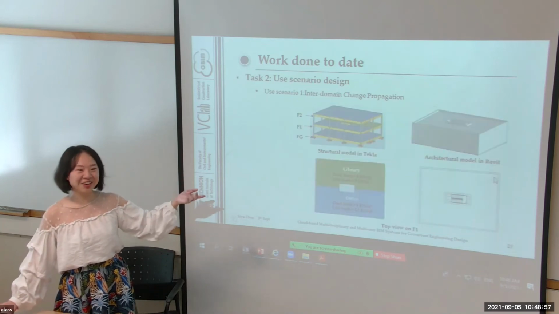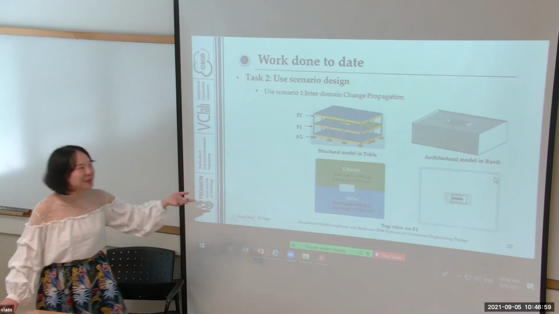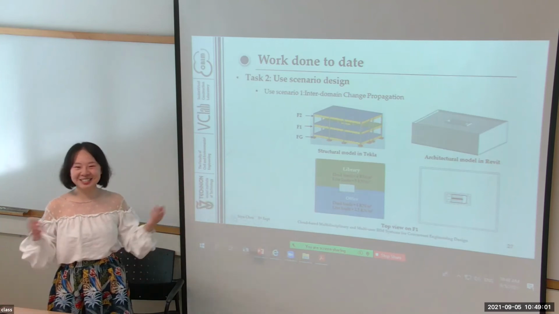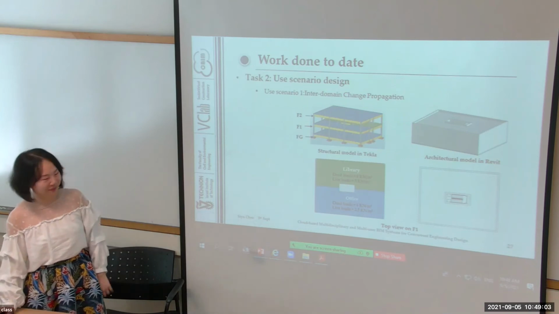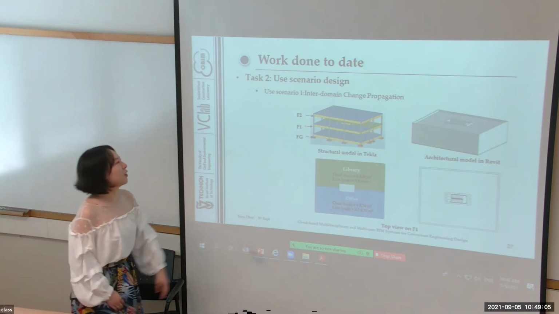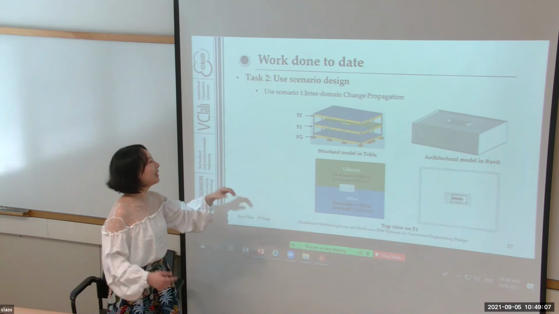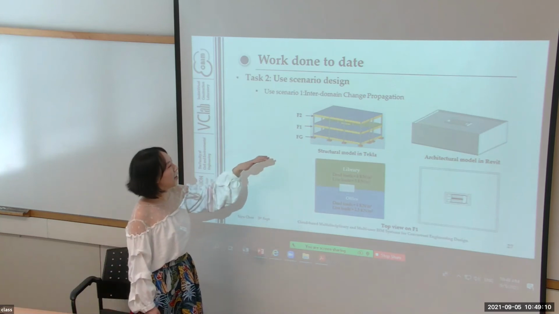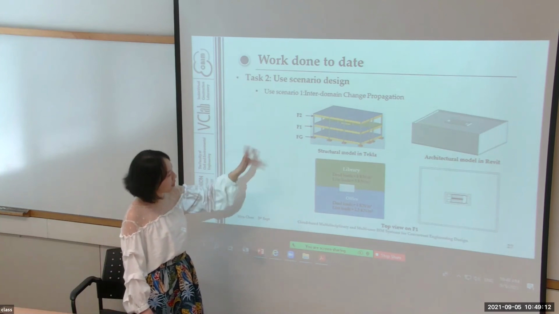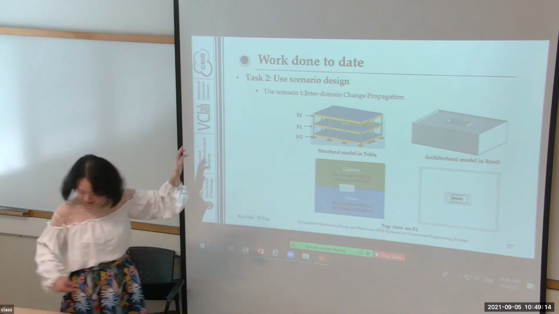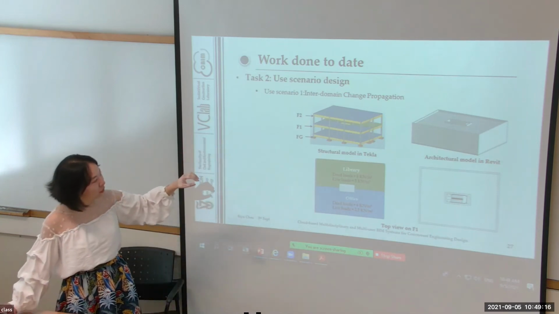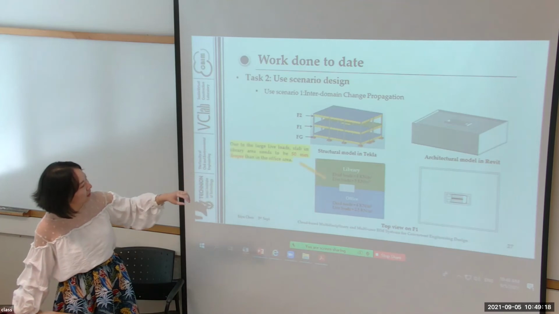I know it's not a perfect building, but it's easy to understand. We're trying to make it easy to understand. So this two-floor building starts from the ground floor, first floor, and then the second floor. Just to make it clear.